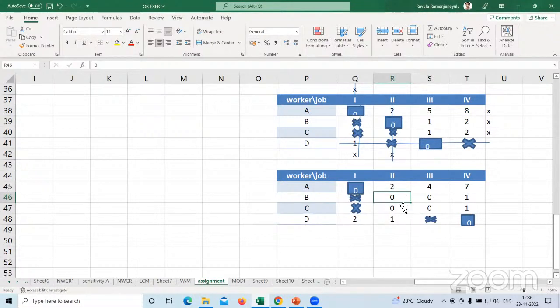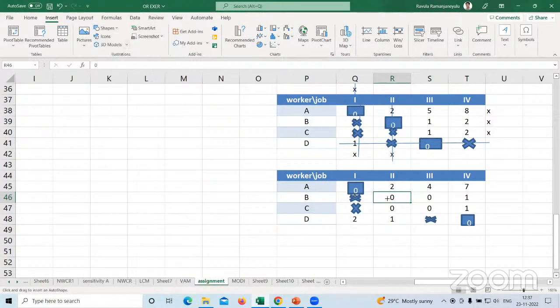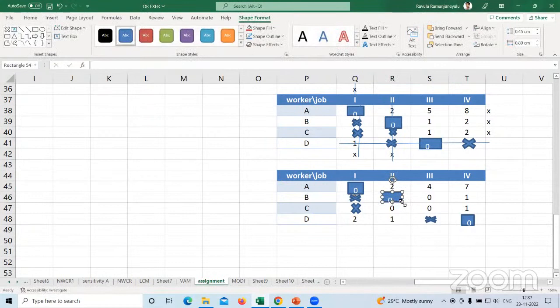In this case any one 0 can be selected first. I'm selecting the first one because the first is to be allocated first. So I'm assigning to this 0. When I'm assigning to this 0, these zeros get cancelled. The other zeros, both row wise and column wise, have to be cancelled. This gets cancelled.